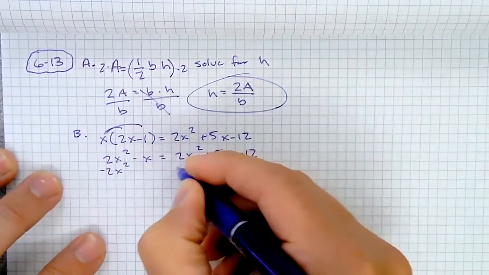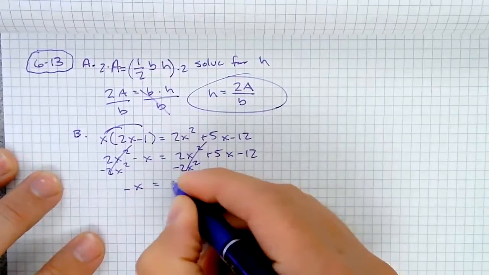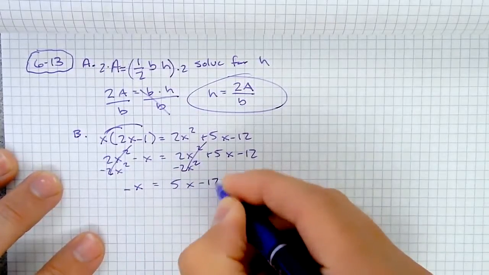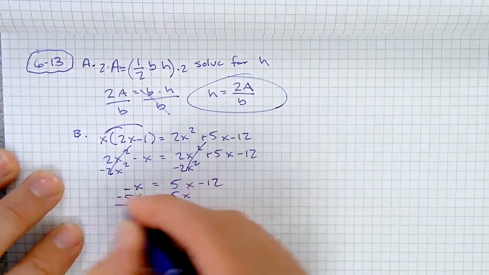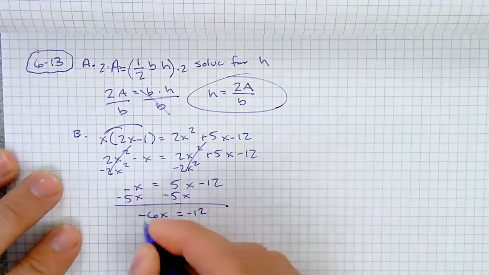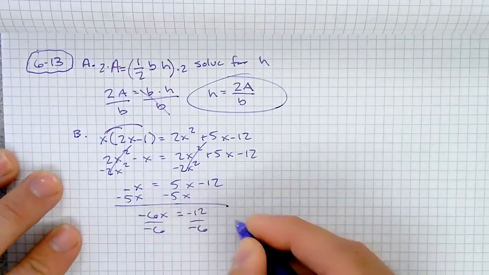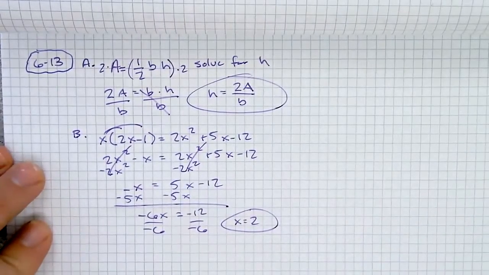Okay, if I subtract the 2x squared from both sides, those will cancel. I'm left with this. Now I'm going to move the 5x over. Now I have negative 6x equals negative 12. Divide by negative 6, and after all that, x should just equal 2.